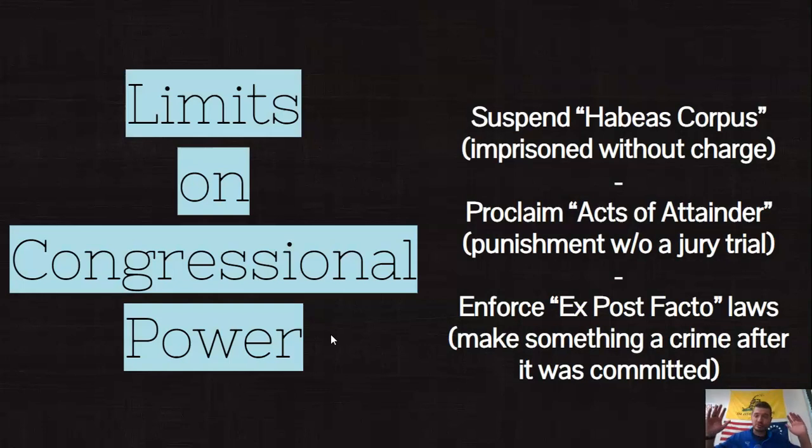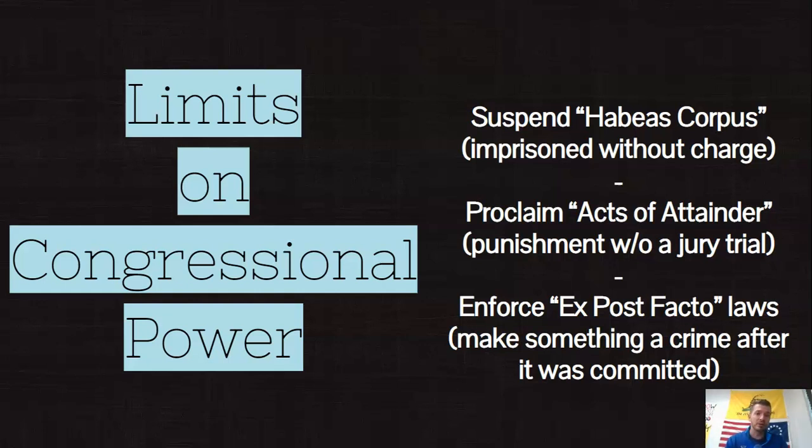So last thing, I've talked about what Congress can do. Now let's talk about what Congress can't do. Okay, so there's 3 major things that Congress can't do. The first thing is that they cannot suspend habeas corpus. Habeas corpus is Latin for like thou shalt have the body. You don't need to know that, but basically it's being imprisoned without a charge. So if you're being held, you need to know why.